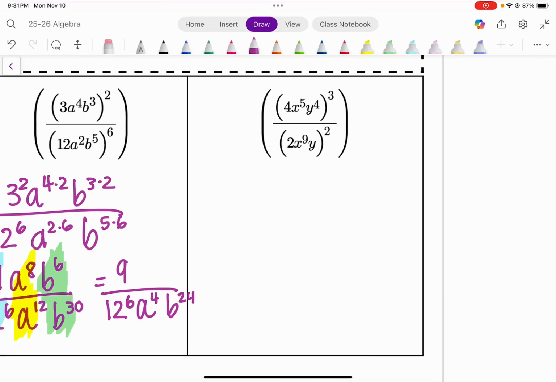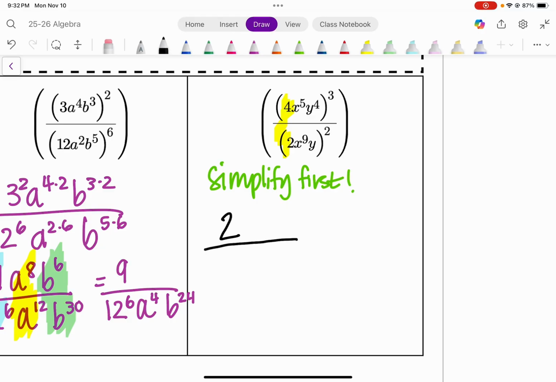Okay, this very last one, we're going to simplify first. So we're going to do the 4 over 2. That's going to give me 2 in the numerator. And then x to the 5 over x to the 9.